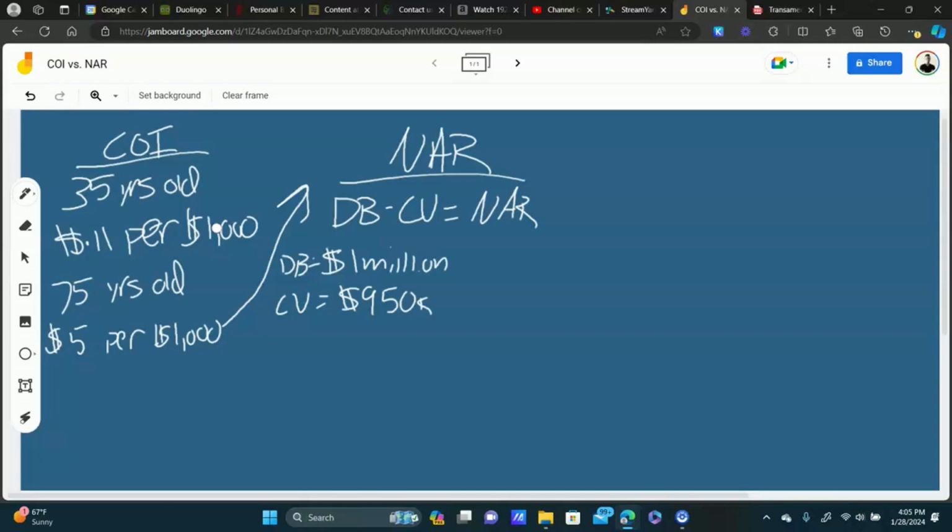That is important to understand, because if your net amount at risk, in this case $50,000 in this example, right? $5 per $1,000 of death benefit. Really, it's $5 per $1,000 of net amount at risk, I guess, is the easier, simpler way to explain it.